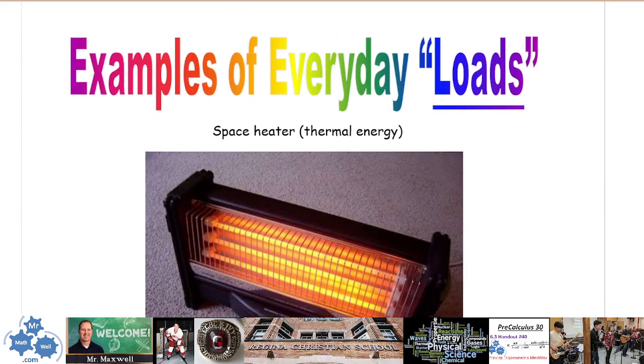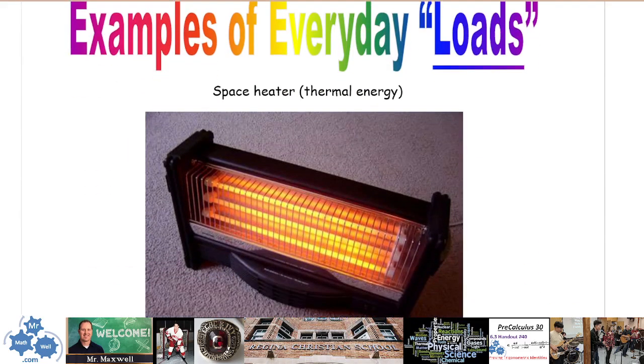Okay. So examples of everyday loads, as we talked about: light bulbs, and here's that space heater that I was thinking of before. If you have electricity coming through here, it lights these things up. Remember, when energy is used, it provides heat and light. Some things are good at providing just light and not a lot of heat.